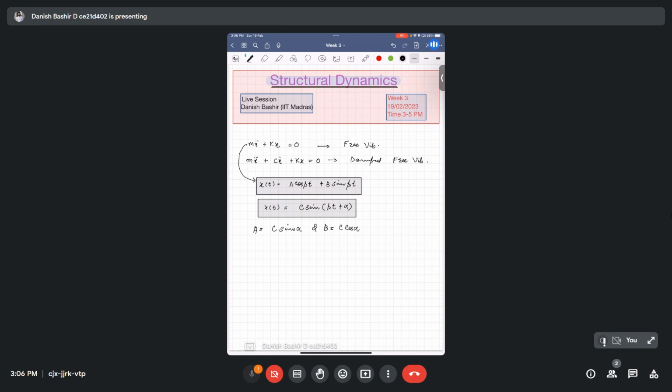After making these substitutions, we obtained a sinusoidal variation, and also a time period.